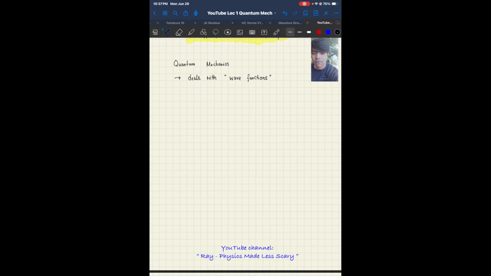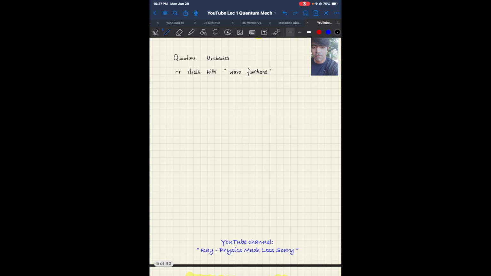So what are wave functions? Well, instead of having an equation like F = ma, where your variables are x of t, like you have a time axis here, say you have x, you have t here, and say this was the trajectory of your particle. This is the classical picture.